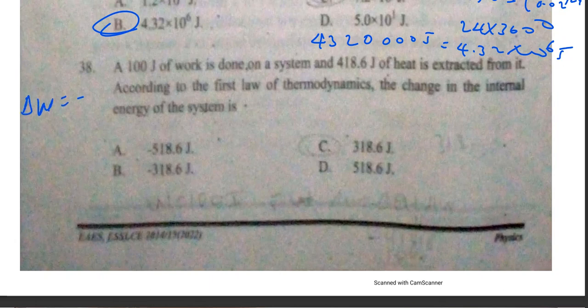So the change in W is, since it is on the system, negative 100 joule, and the heat supplied is 418.6 joule and positive. Then internal energy is what was asked. Therefore from the first law of thermodynamics, internal energy is the sum of the heat intake plus work done.